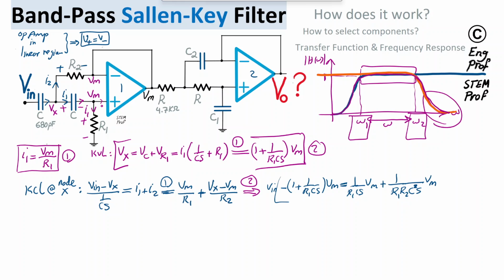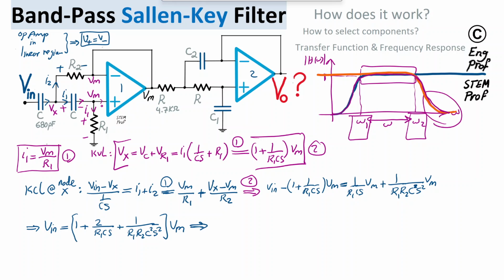So this is equal. I'm going to move this to the other side. When I do that, I end up with Vin equal to 1 plus 2 divided by R1 Cs plus 1 over R1 R2 C squared s squared, times Vm, the midpoint or the output of the first stage.